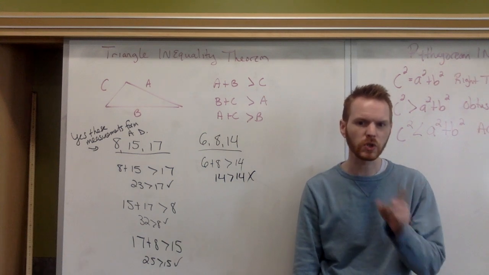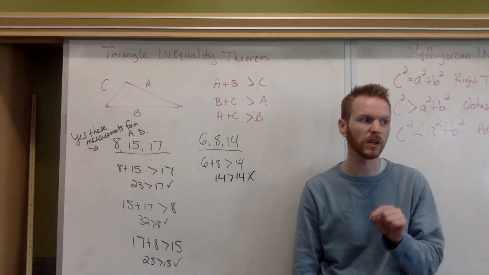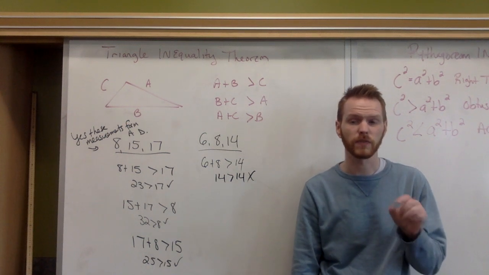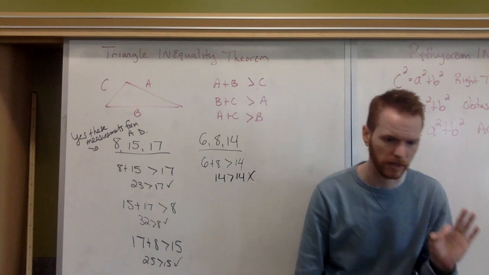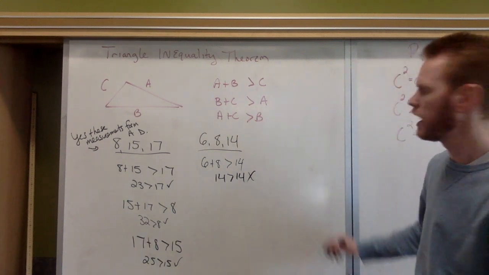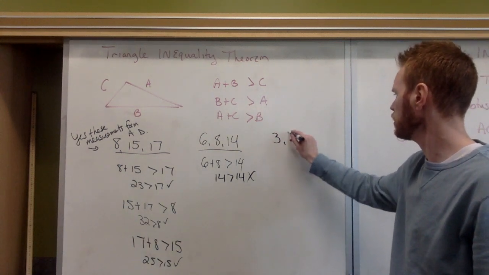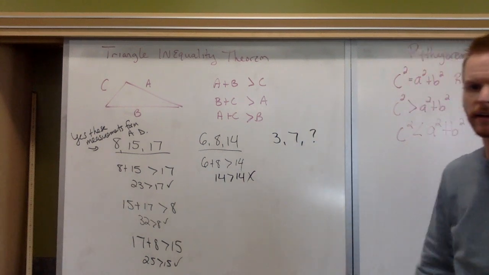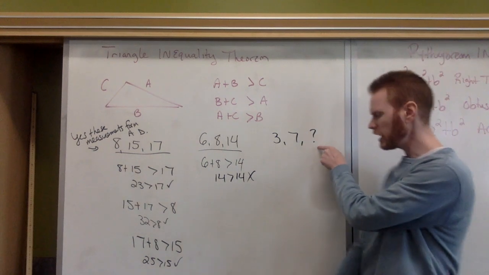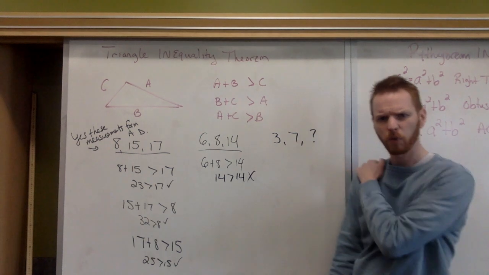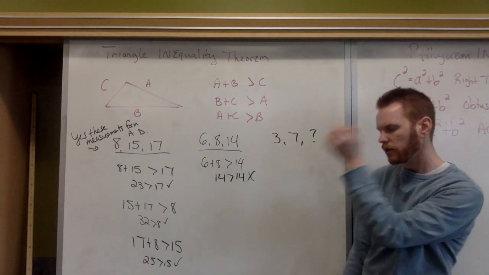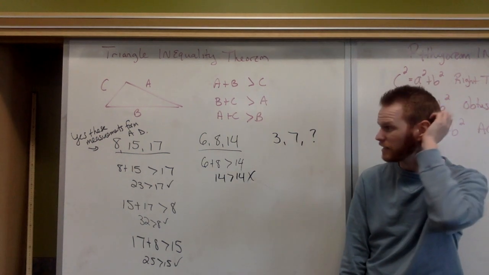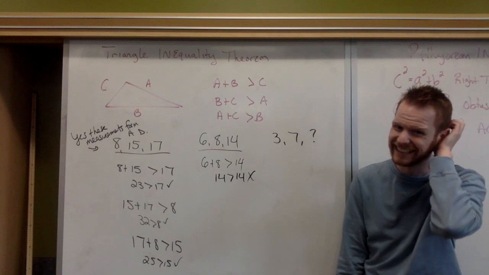Now, let's change it. What if I know two sides of the triangle and I want to know what sides I could use for that last remaining part? Let's take a look at this. 3, 7, and then a mystery side. What can I do to figure out what numbers I could put in here that would make a triangle? You're probably guessing that there's more than one answer.